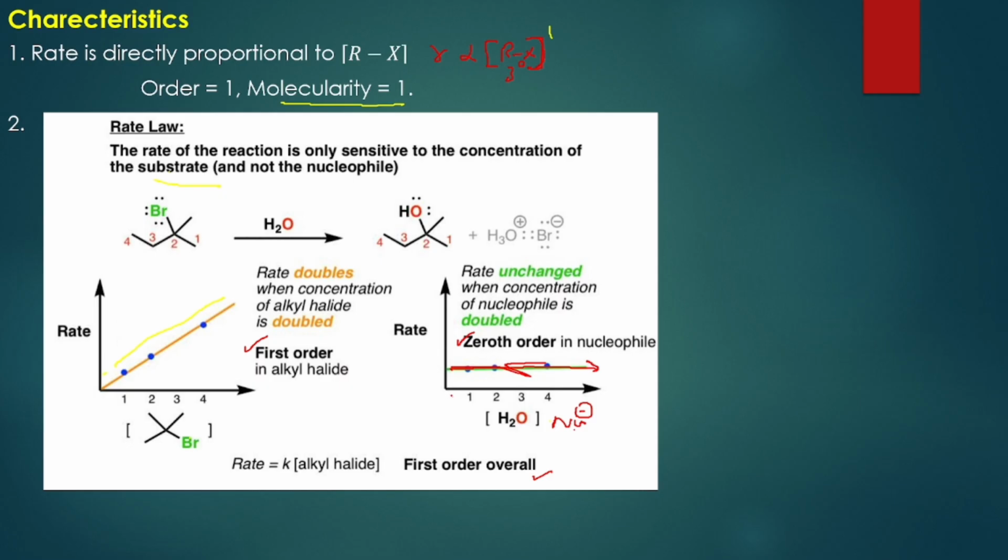To confuse you, if they ask what is the order of reaction with respect to nucleophile in SN1, everyone will think SN1 is nucleophilic substitution, so definitely nucleophile has a role. So it depends. You will say first order, but in SN1 there is no role of nucleophile. It is zero order. That's the concept behind this.